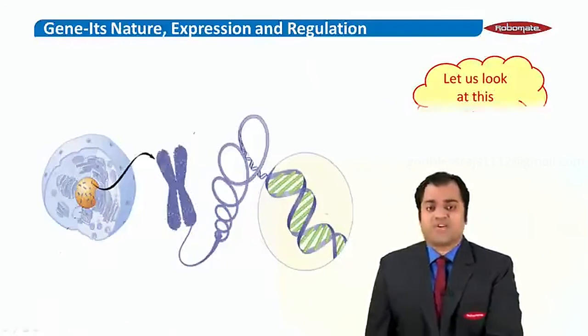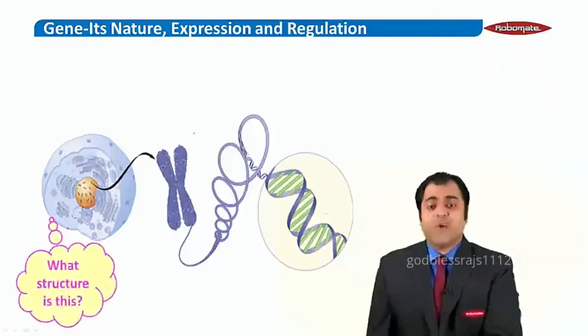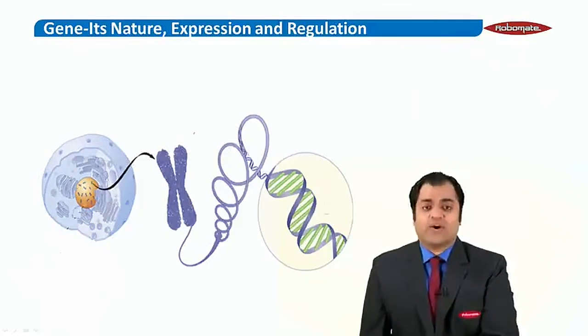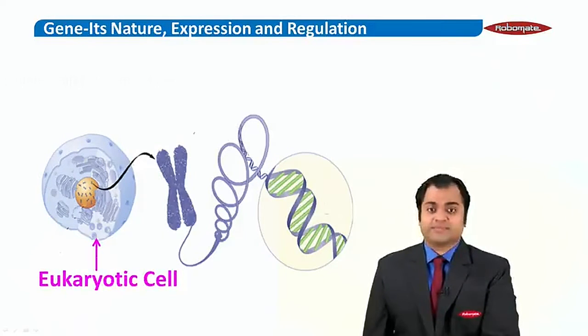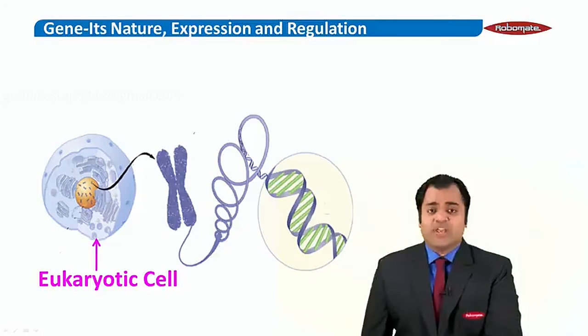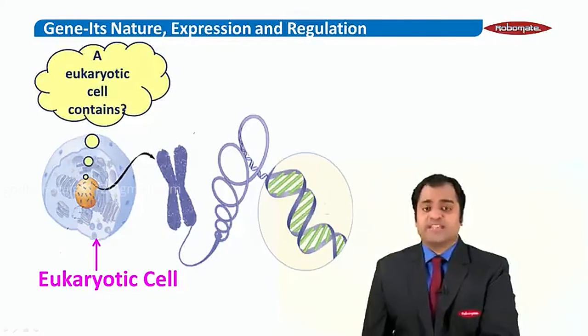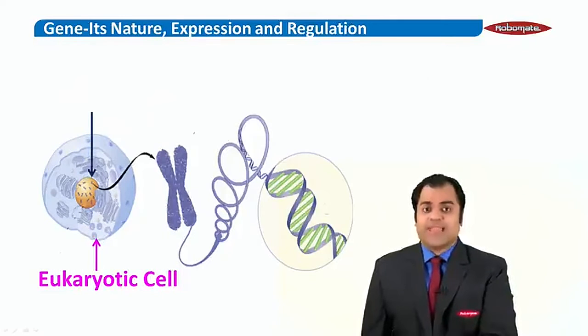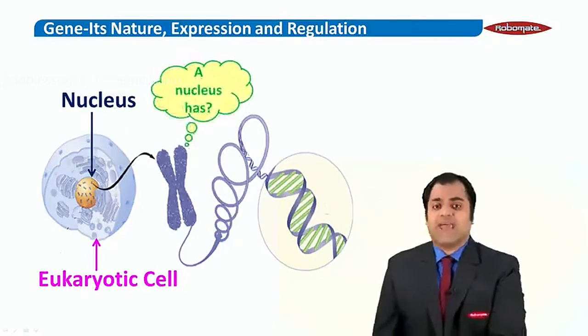Now, let us look at this diagram right here. You see a structure. Can you tell me what structure this is? Definitely, this structure is that of a eukaryotic cell. Why is it called a eukaryotic cell? A eukaryotic cell contains a nucleus, and that is why it is called eukaryotic. What does the nucleus have?